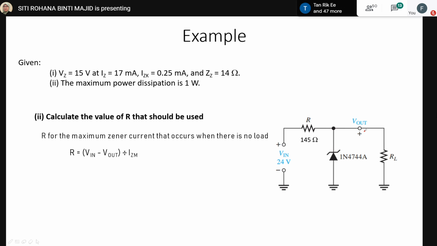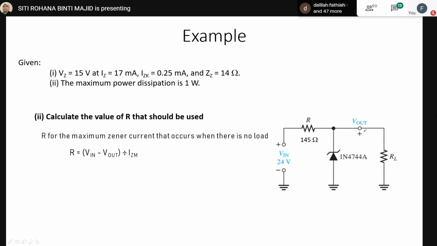So for this part, what is the value of R we should use? Very simple, because we still use Ohm's law, which is V in minus V out divided by current, because we want to know R. I hope you understand. Maybe some of you do not know what Ohm's law is, because in certain countries they do not cover Ohm's law in their science syllabus.